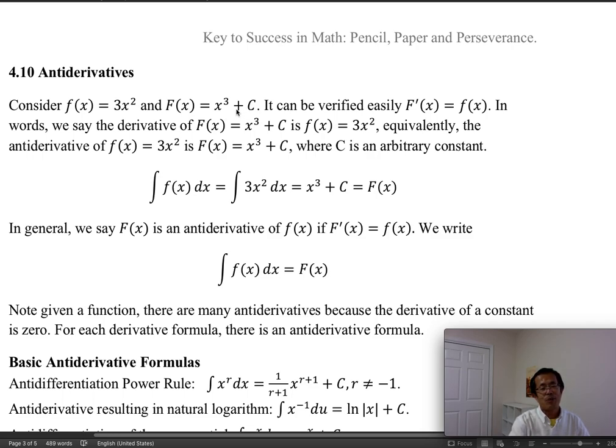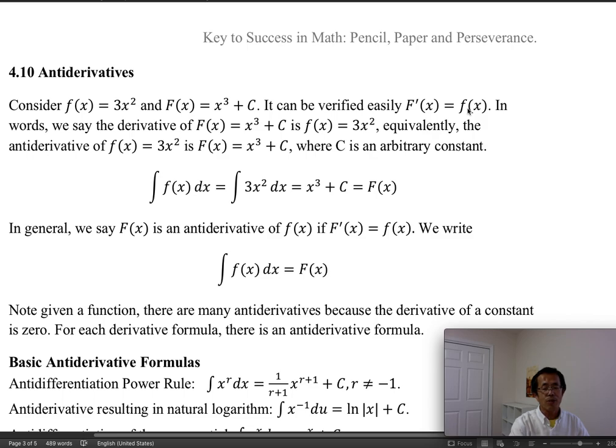Because with or without this constant, it really doesn't matter, for any value of the constant, the derivative of this uppercase F is always the same, 3x squared. The derivative of the uppercase F is always the lowercase f. So based on this observation, we can say the derivative of the uppercase F is the lowercase f.